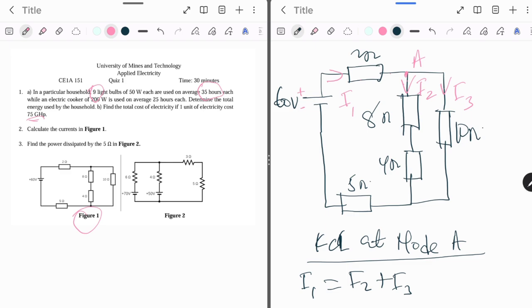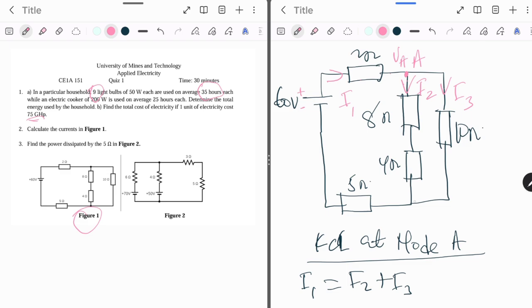After this, I'm going to indicate the voltage at node A, which will be labeled as VA. Now I can write the current in terms of the voltage here, which is VA.